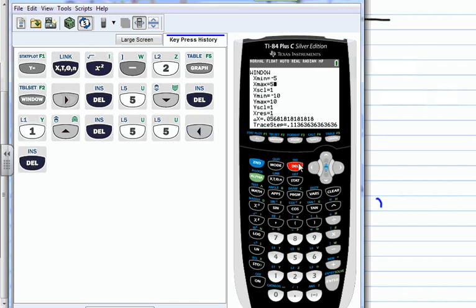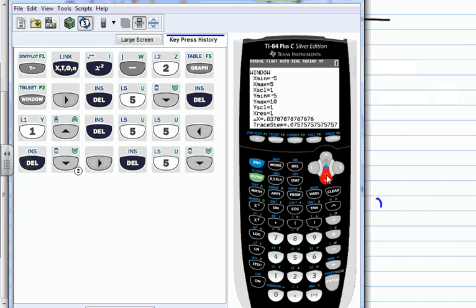Anyway, so down to y minimum. Let's say I want it to go down to -5 as well. And then the maximum will also be a 5. So now, because I made my mins and my maxes smaller numbers, when I hit graph again, this should be zoomed in.